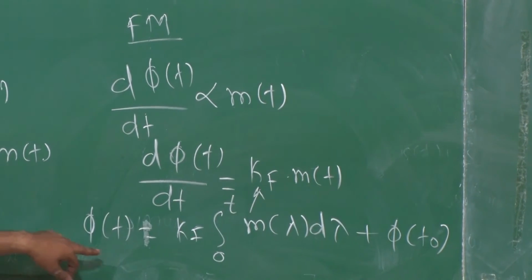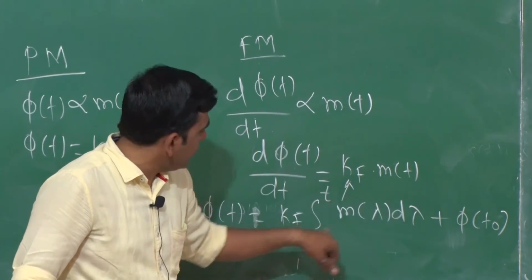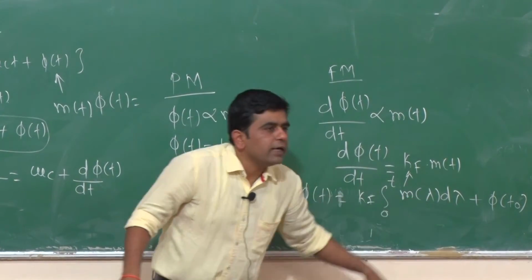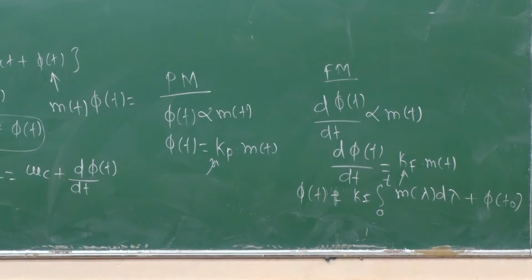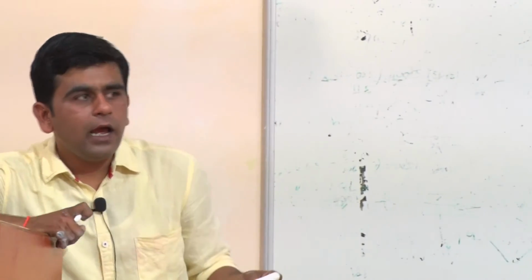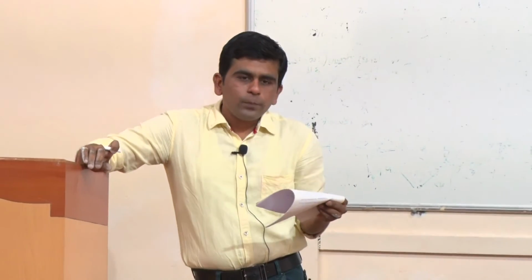Here phi of t is nothing but kf times the integration over m of t, from 0 to t m of lambda d lambda, plus phi of t0. Here phi of t0 is nothing but initial phase angle at t0.